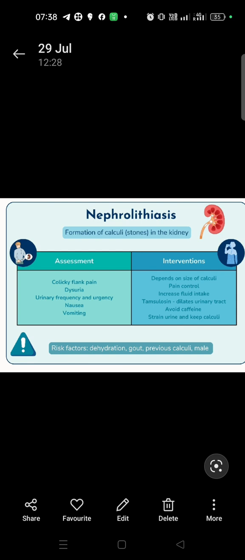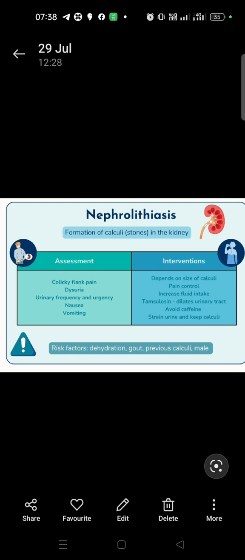And in case of gout, gout means increased uric acid production. The types of stones mainly include uric acid stones and oxalate stones. In case of gout, uric acid stone production increases.